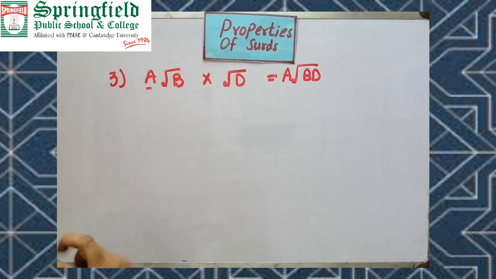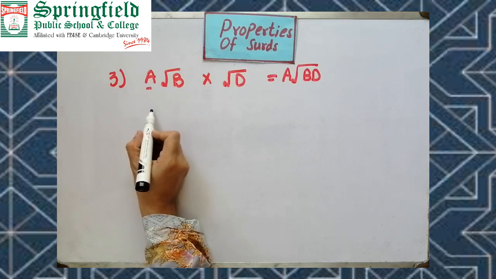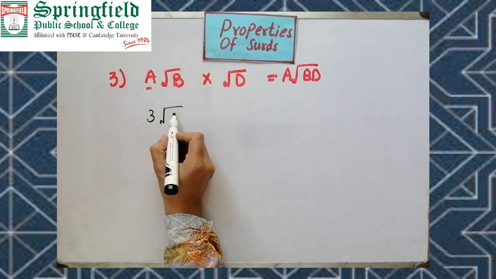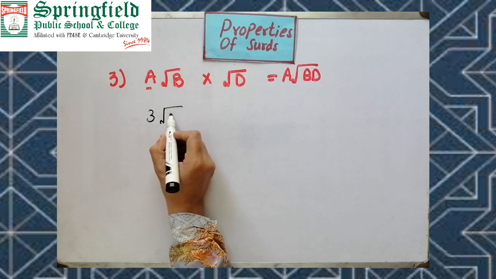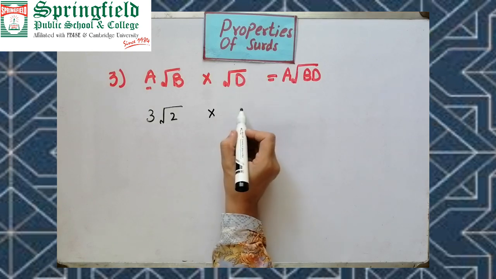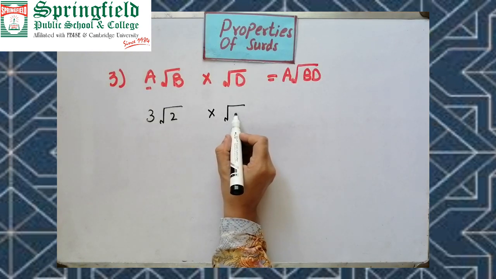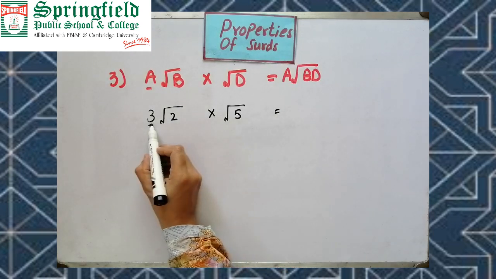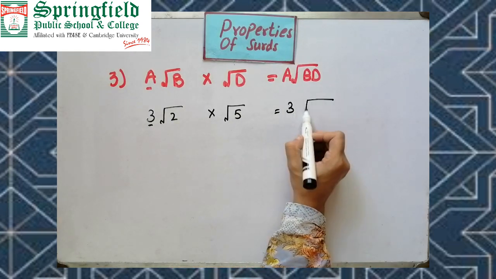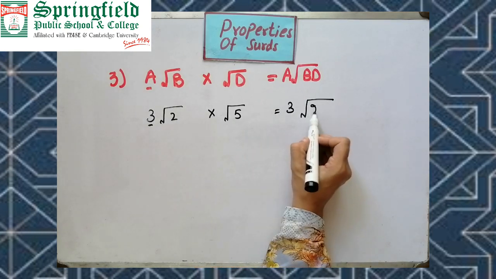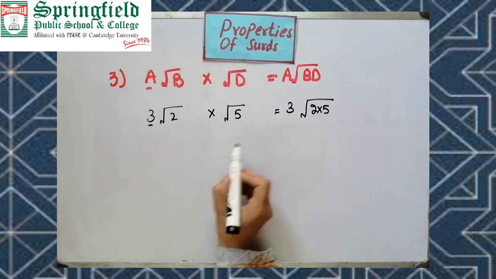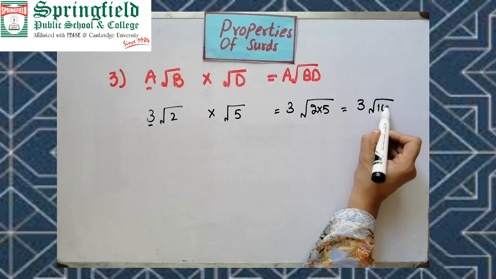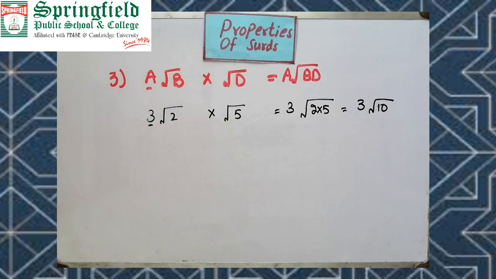Let an example be 3 under root 2 multiplied by under root 5. So what will be the answer? 3, then under root 2 multiplied with 5. It will become 3 under root 10, 2 fives are 10, and this is your final answer.